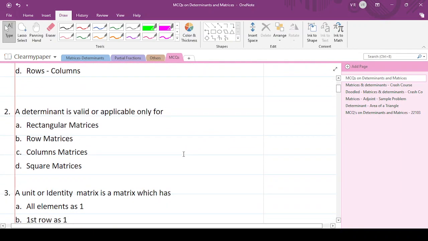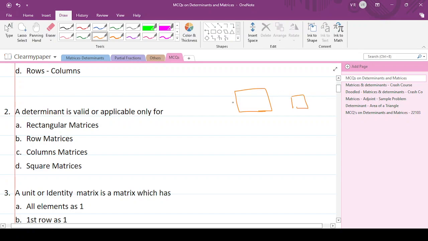A determinant is valid or applicable only for, and we have four choices: rectangular matrices, row matrices, column matrices, or square matrices. So determinant is a concept derived from matrix. If you recall the geometric intuition, we think about the determinant as a transformation in space where we have a square object and it then reduces or scales up.